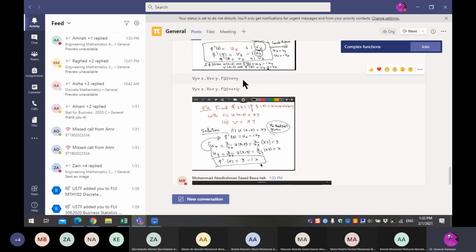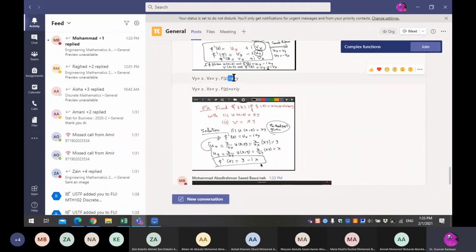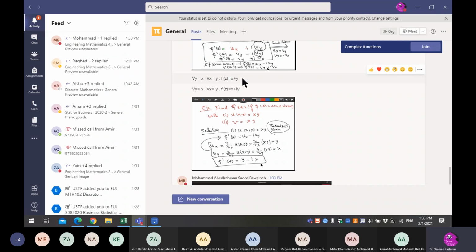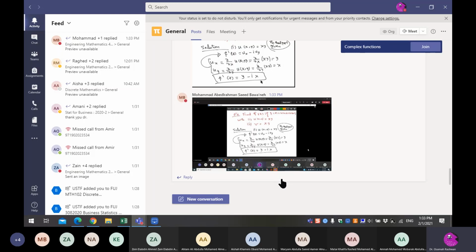Do you think f dash without the i? It is x plus iy, right? But I'm afraid anyone will take it as a real function. This is not a complex function, okay? Yes, I forgot it in the first equation, so I will take this one here.